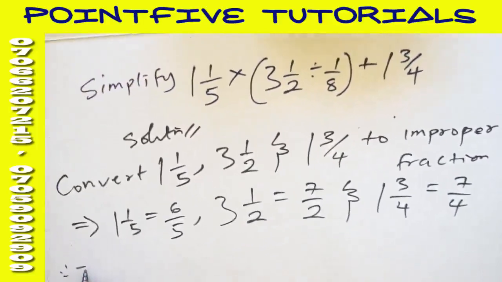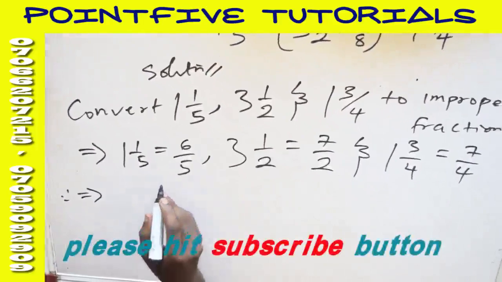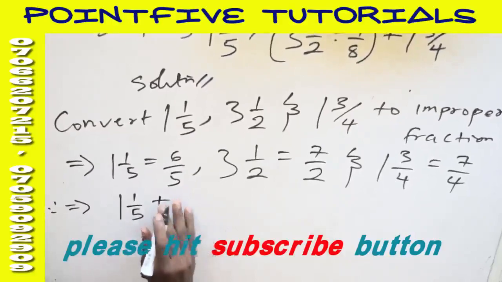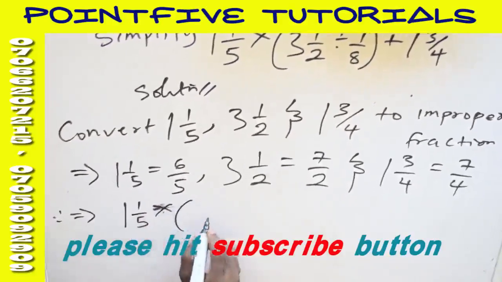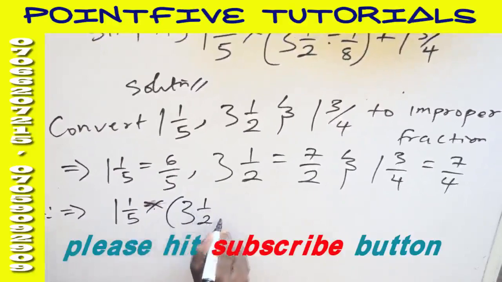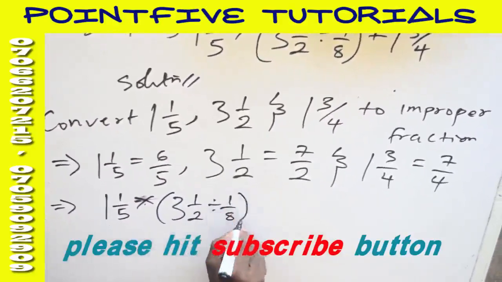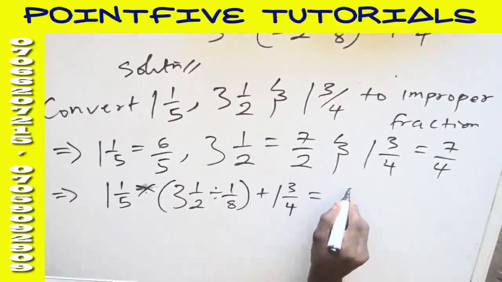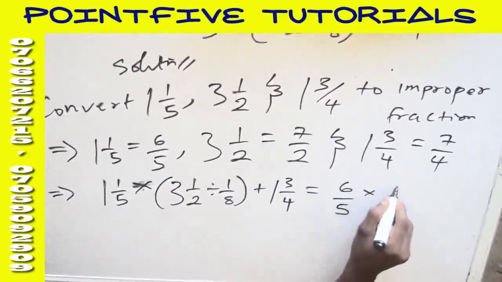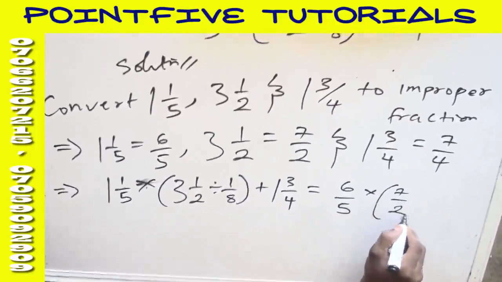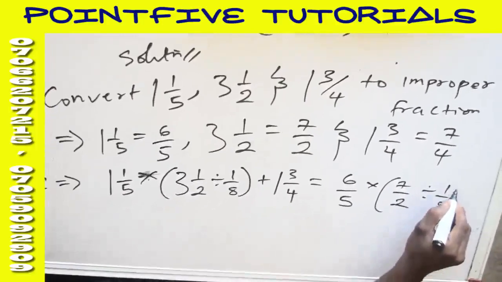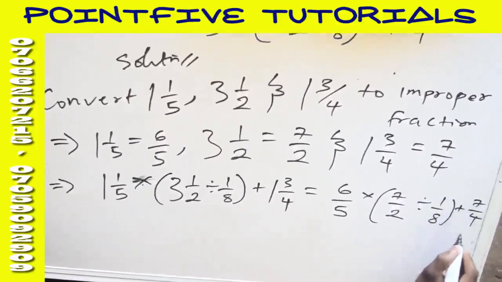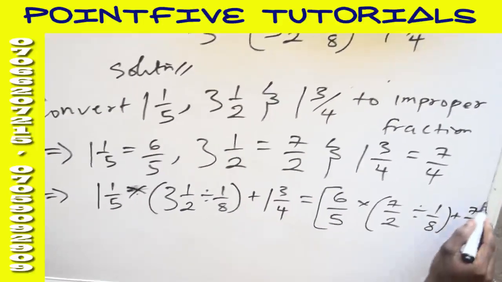So therefore, this question, which is 1 whole number 1 over 5 multiplied by the bracket of 3 whole number 1 over 2 divided by 1 over 8 plus 1 whole number 3 over 4, is the same thing as 6 over 5 multiplied by the bracket of 7 over 2 divided by 1 over 8 plus 7 over 4.